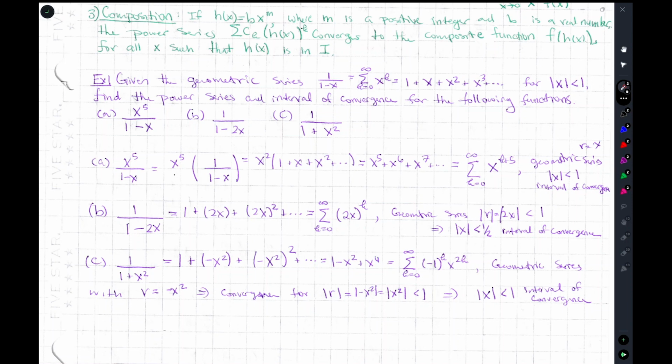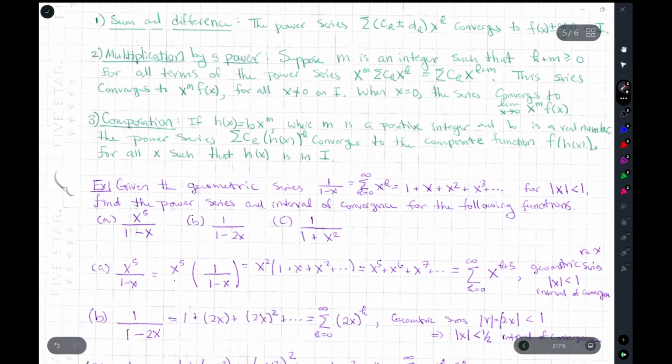So let's look at where these rules could be useful. Given the geometric series that we see here, find the power series and interval of convergence for the following functions. So this right here, well, this is x^5 times 1 over 1 minus x. Well, we're in this number 2 situation here.